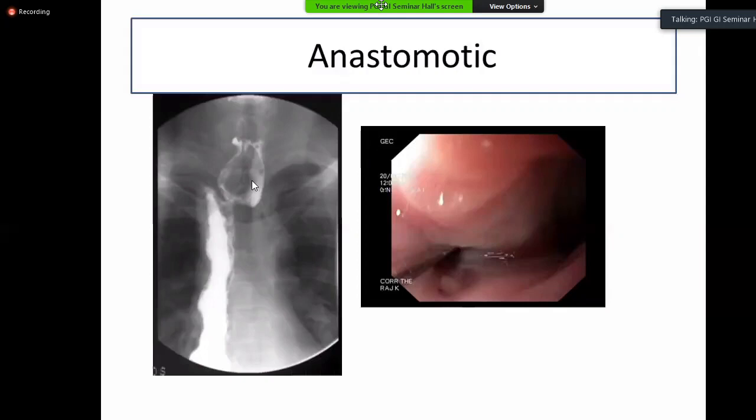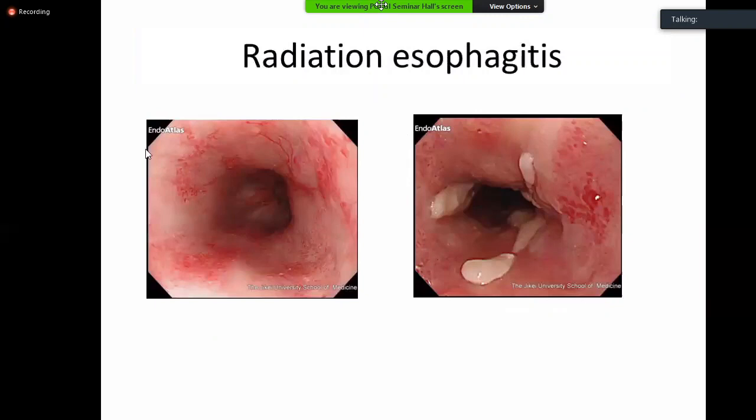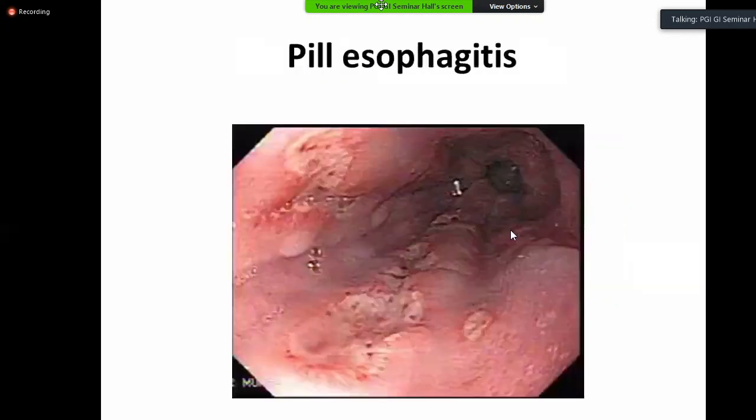In patients with anastomotic stricture, the lumen can be eccentric. You see, this is just an outpouching corresponding to this, so the lumen is here. So you must have a barium swallow to see where you are going. Radiation stricture: esophagitis can be just telangiectasias or ulcers and narrowing.